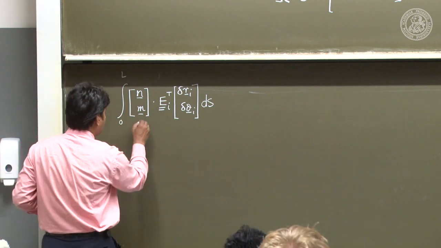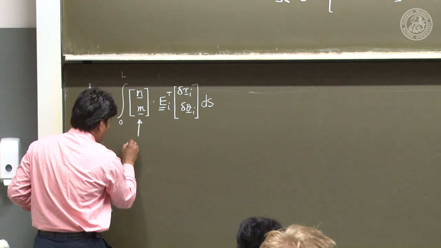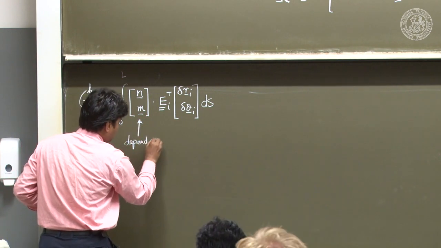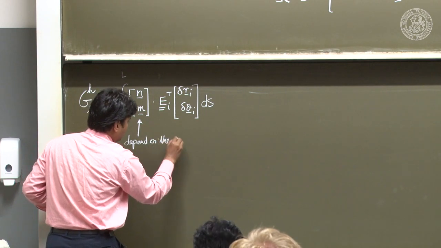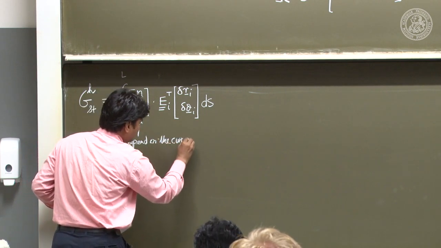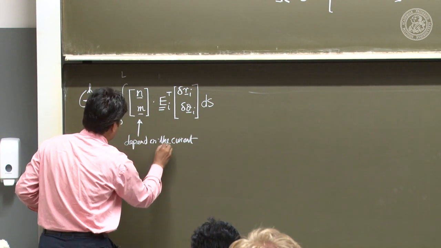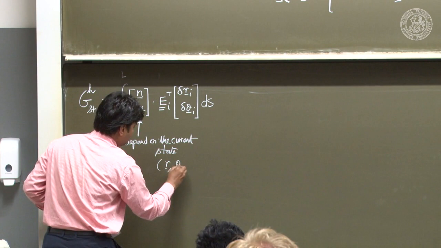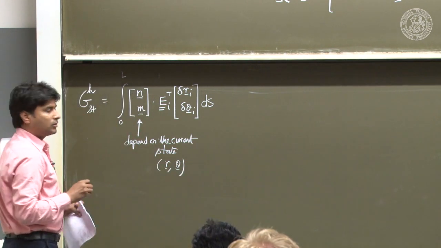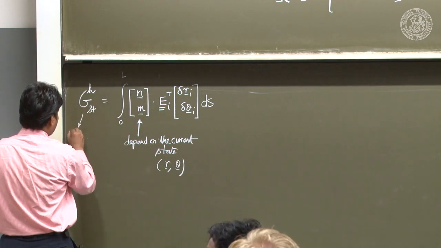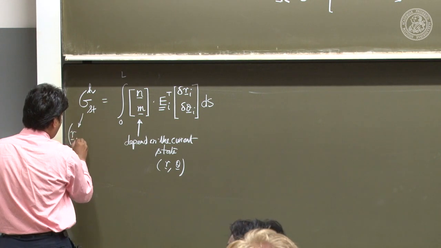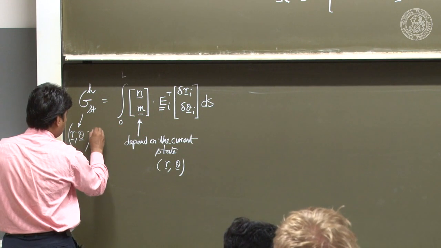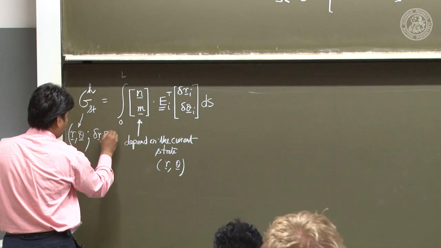Okay. So, these depend on the current state little r little theta. Remember, this was a function of little r little theta and this del r del theta.